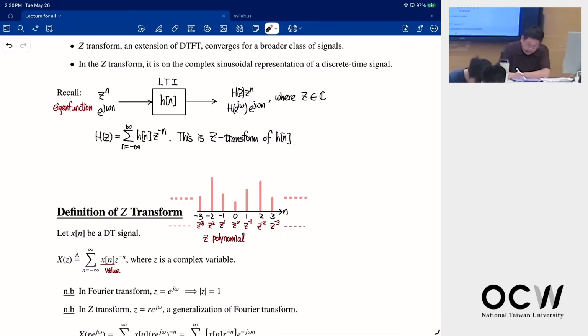In the discrete time Fourier transform, z is e to the j omega, so we have e to the minus j omega n. And in this case, the magnitude of z is 1, because this is the unit circle. So when we talked about the Fourier transform in the past, we were talking about that unit circle.